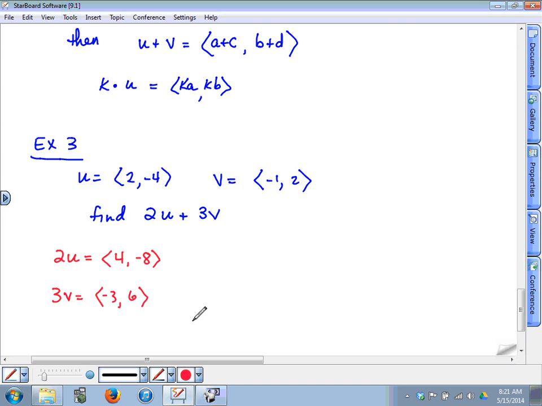So that's the scalar multiplication part of it. Now, how do we add these again? Yeah, just add the 2 horizontal components together and then add the 2 vertical components together. So 2u plus 3v is going to give you the vector 1 comma negative 2. It's so much nicer to add and subtract and multiply scalars algebraically rather than geometrically.